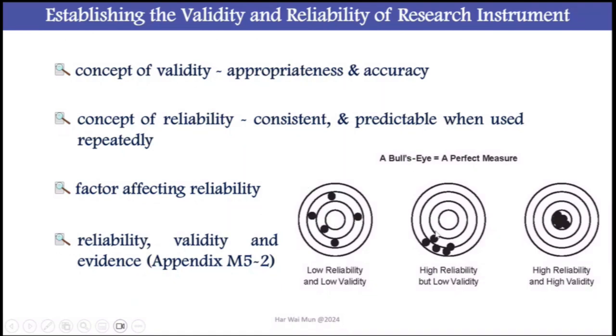Can you see my mouse cursor? If you are consistently hitting about the same area but outside the center, it is reliable, but you won't win any medal because there is no accuracy. So reliable but low validity, low accuracy. Here is even worse, everywhere: low reliability and low validity. Here is the best: high reliability and high validity.